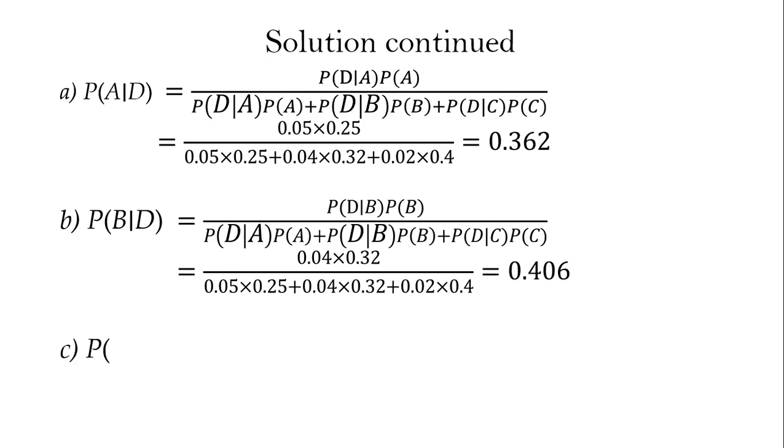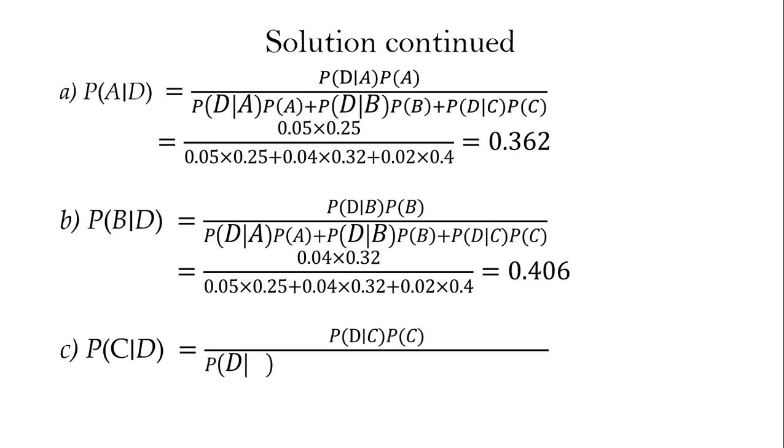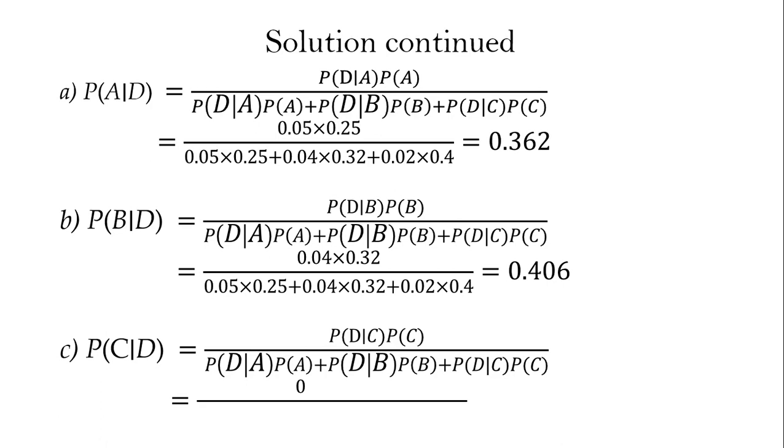So we go to the third part, which should be straightforward, given the effort we have put in the first two parts. The probability of C given D is that of D given C times the probability of C, and we input the denominator, and we can enter our values and come up with the answer. So that is a typical exam scenario of Bayes' theorem.